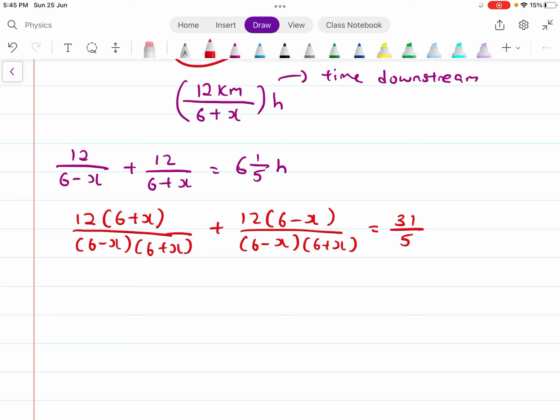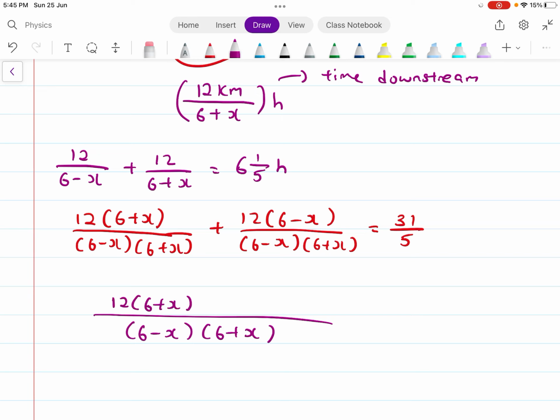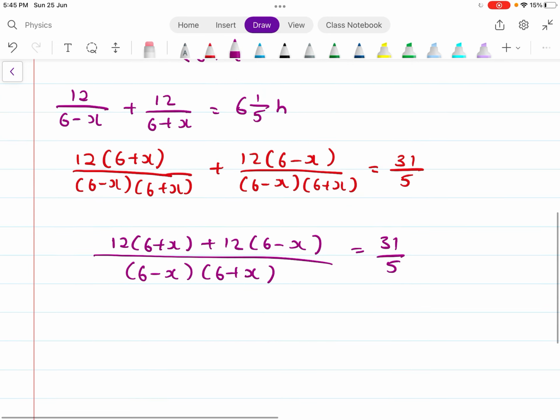After that, I combine the fractions on the left hand side. What I get is 6 minus x, 6 plus x on the bottom. The top part, you simply put 12 bracket 6 plus x bracket plus 12 bracket 6 minus x bracket, is equal to 31 over 5.